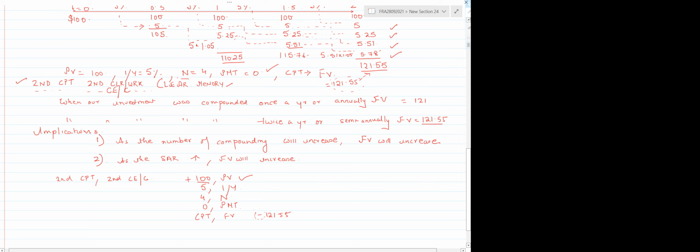This is the default mode of our Texas Instrument calculator, right? So if you enter PV as minus 100, your calculator would return FV to be positive 121.55, right?